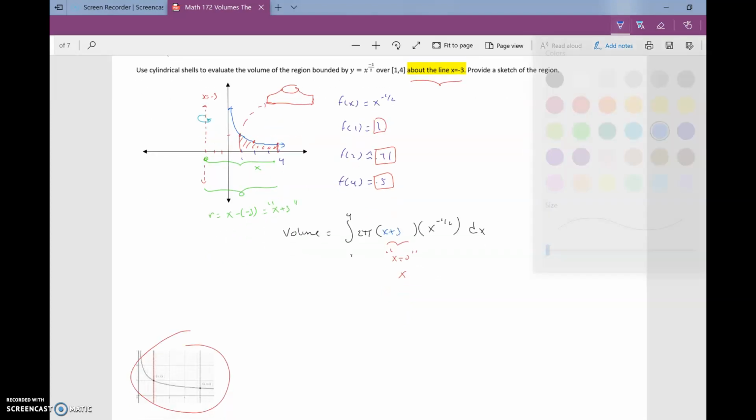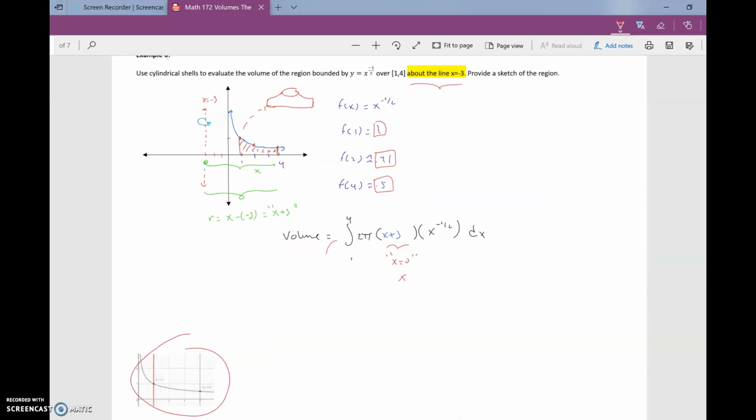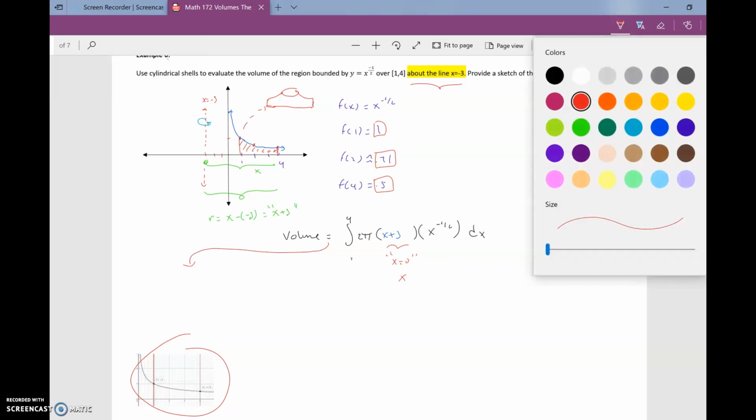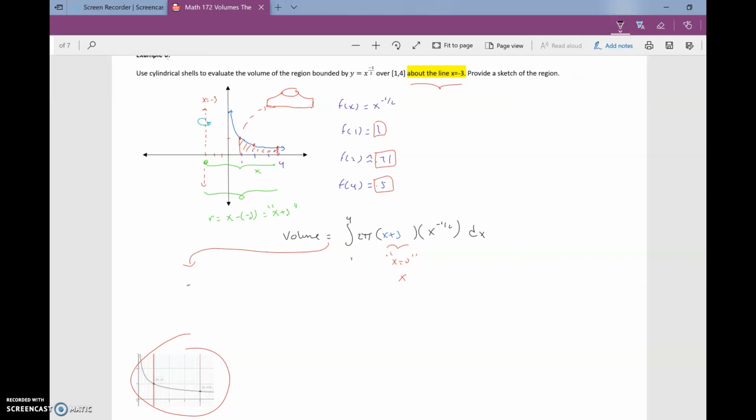Okay, let me simplify the integral. In this case, let me move it here because I think I'm going to run out of room. So this is going to be equivalent to 2 pi integral from 1 to 4. And I'm going to distribute the x to the negative 1/2.